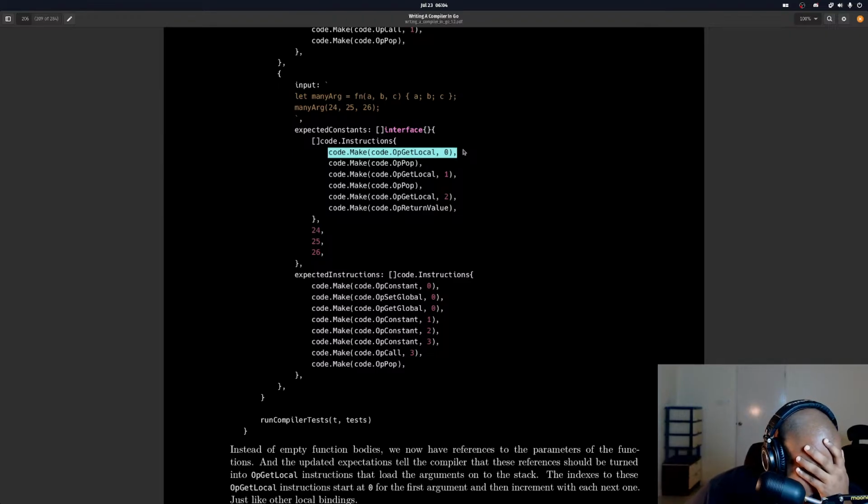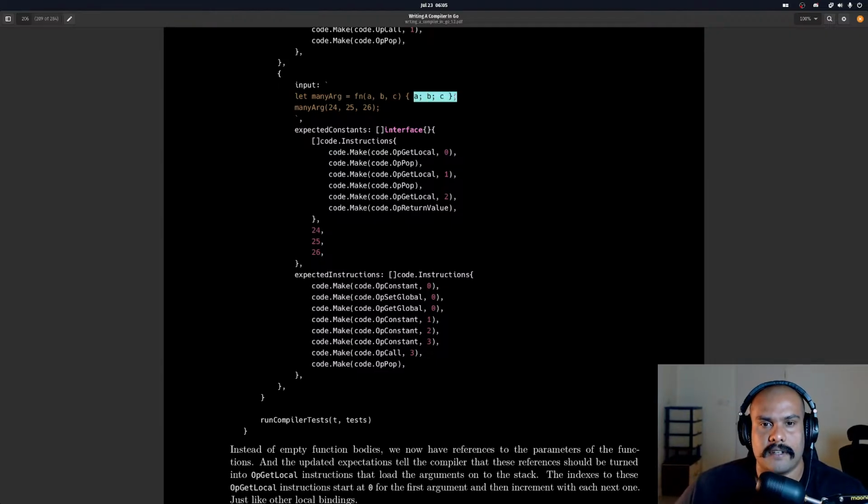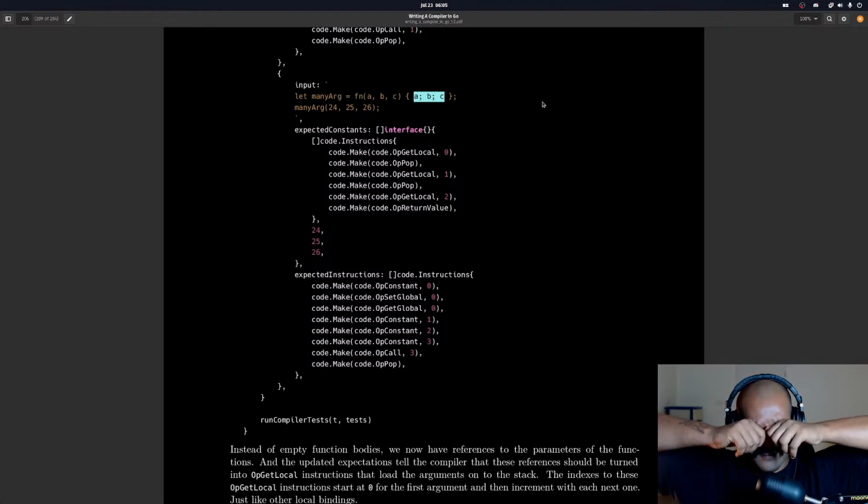Okay. Yeah, because anytime you come across an identifier in the function body, it adds an OpGetLocal.